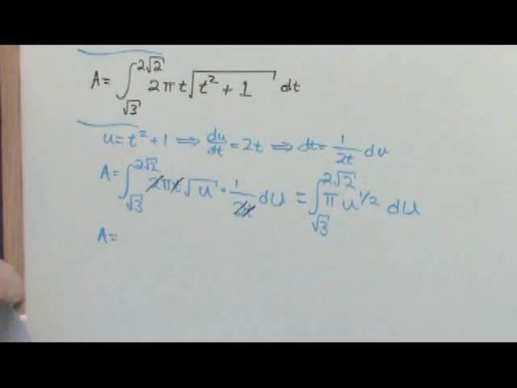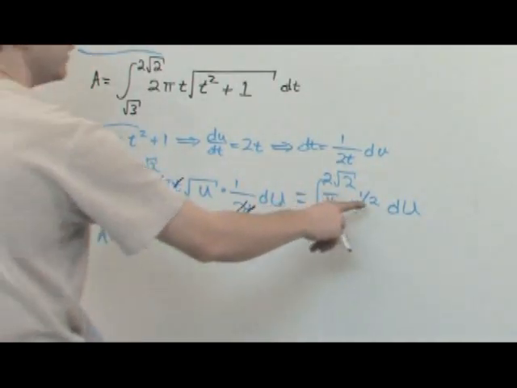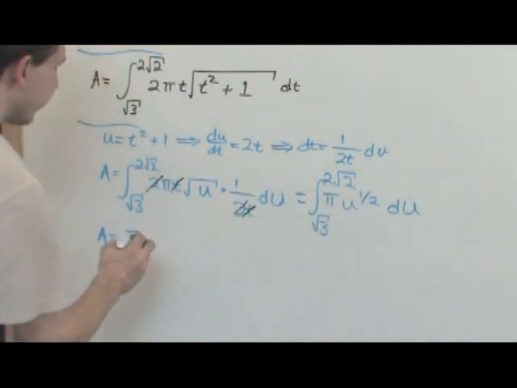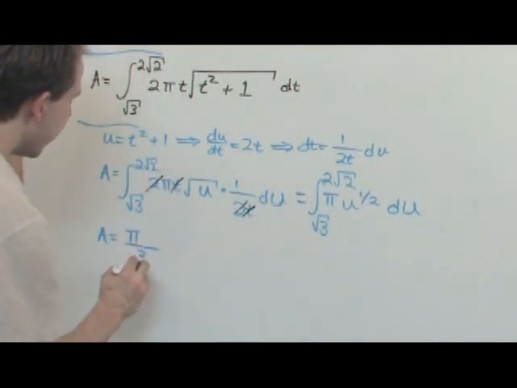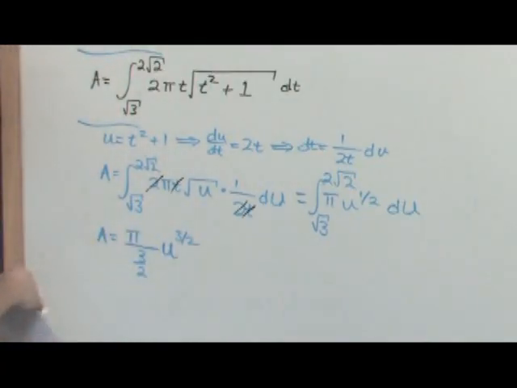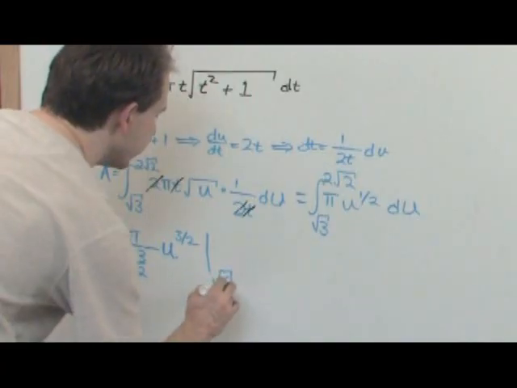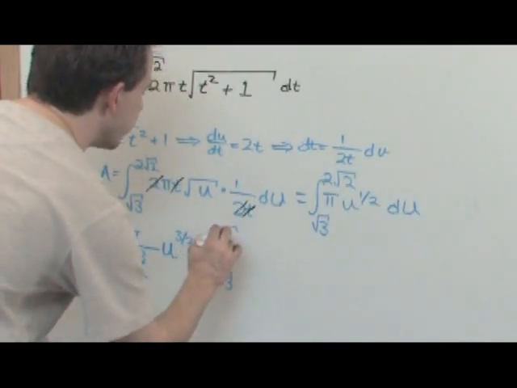This is a polynomial integral: it's pi over exponent plus 1. 1/2 plus 1 is 3/2, so it's pi over 3/2 times u to the 3/2, and I'm evaluating this from square root of 3 to 2 times the square root of 2.